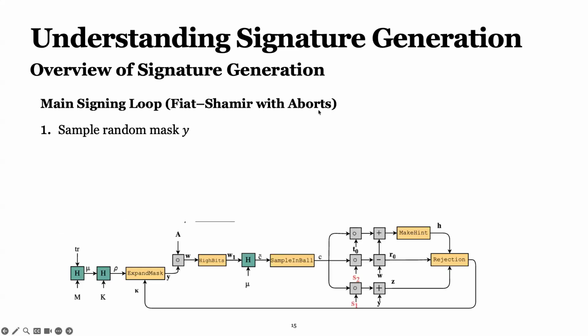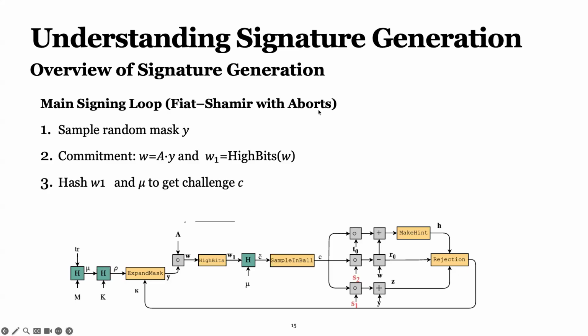First, we are sampling a random mask Y, and we are generating W by multiplying A and Y. And we have another value, W1. This W1 will be in the challenge C. And then we are computing Z, which is also a part of the signature. This is the core operation. We have the mask Y, the public value challenge C, and S1.